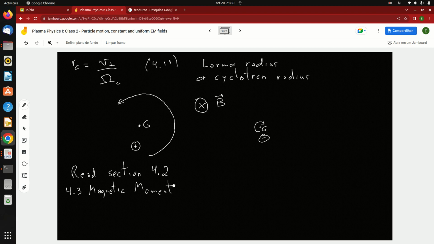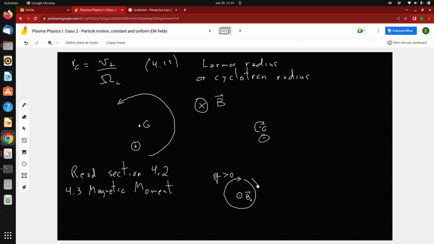Well, since we have a circular or helical motion, suppose that we have a magnetic field pointing outward from the blackboard. Then for q larger than 0, we would have, in this view, clockwise motion, right?